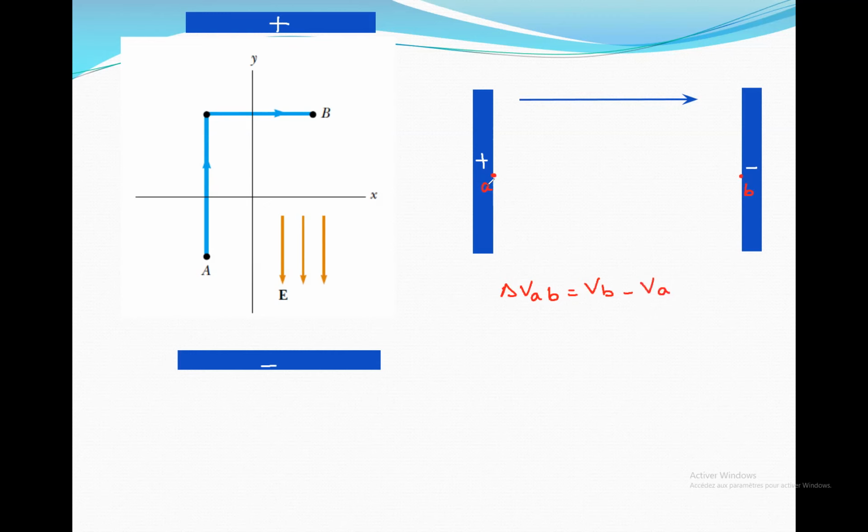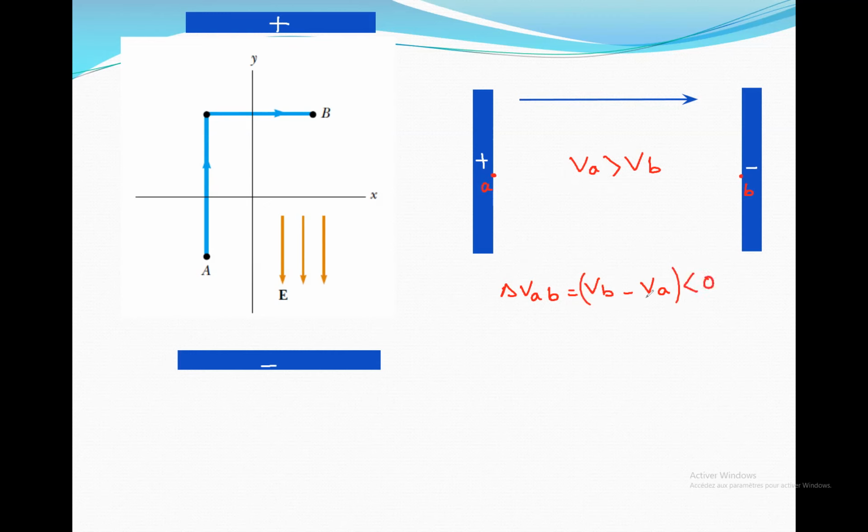VA is at the position of high electric potential, so VA is greater than VB as value. In this case, this value is negative.